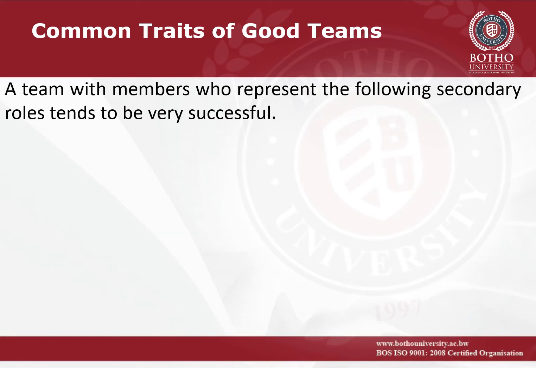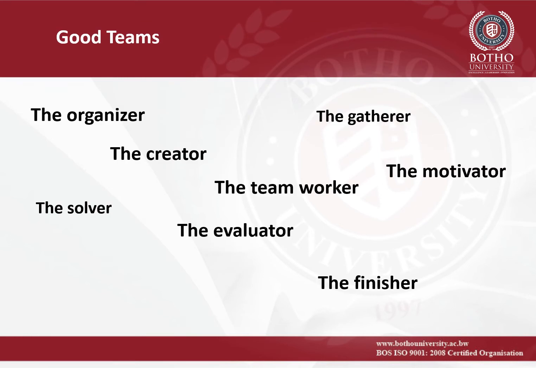A team with members who represent the following secondary roles tends to be very successful. Let us see the roles that a team will be comprised of: the organizer, the gatherer, the creator, the team worker, the motivator, the solver, the evaluator, and the finalizer.